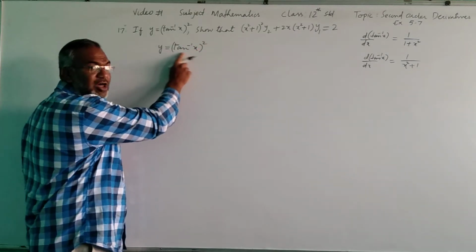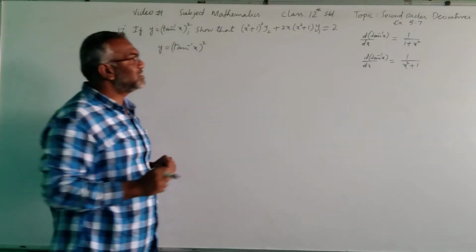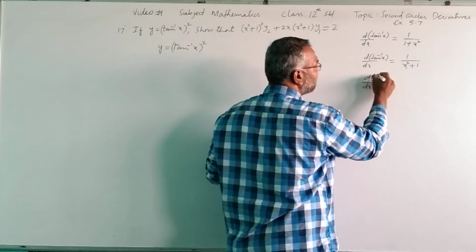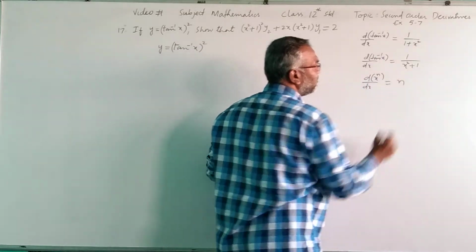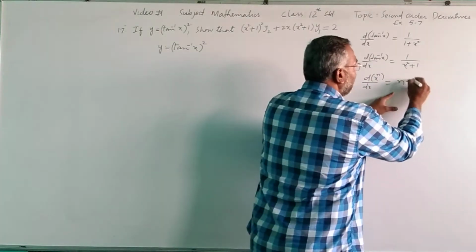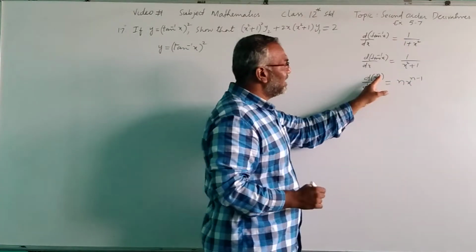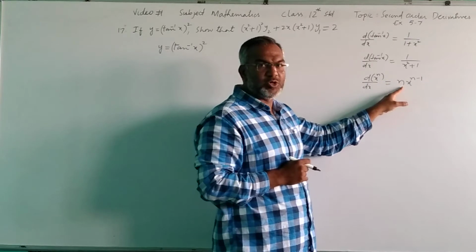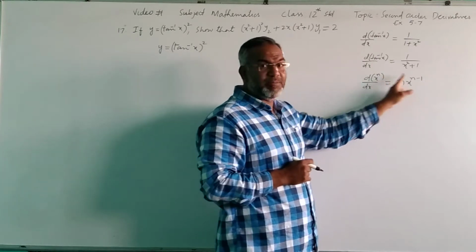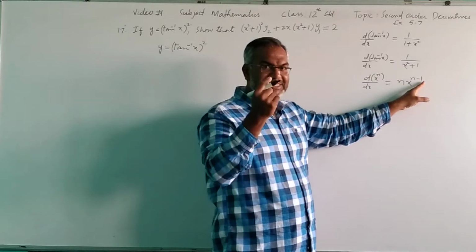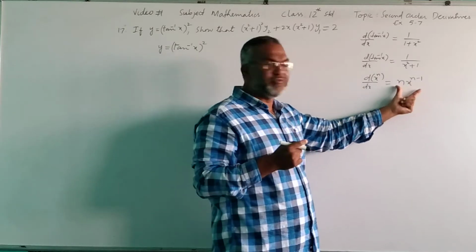What is the differentiation of x raised to n? It is n x raised to n minus 1. This n which is in the power must become the coefficient, multiply it to the coefficient, and then from the power we have to decrease 1, make it 1 less. This is the differentiation, right?